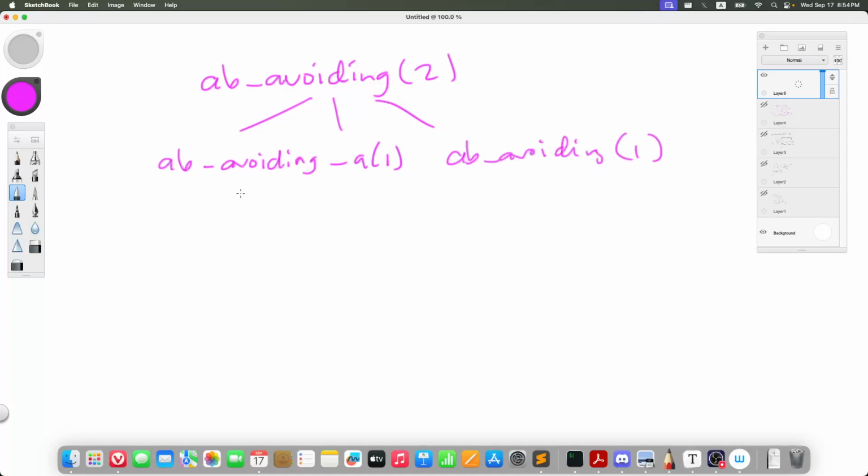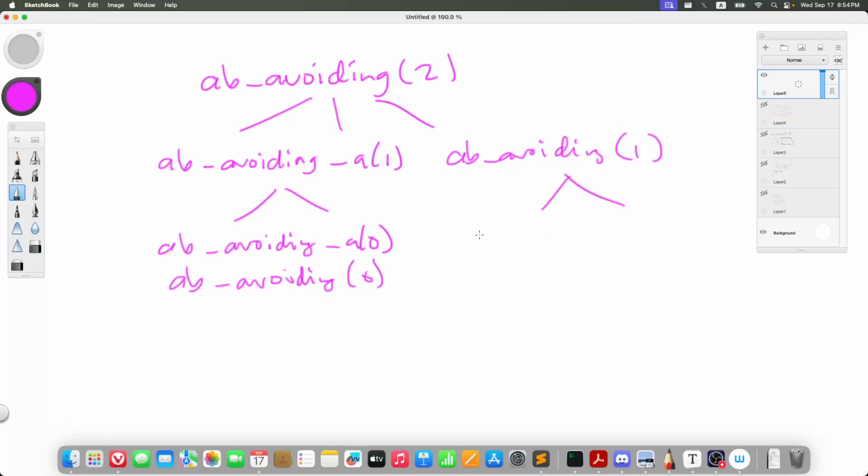I'll just write them here. AB avoiding A1 calls AB avoiding A0 and AB avoiding 0.